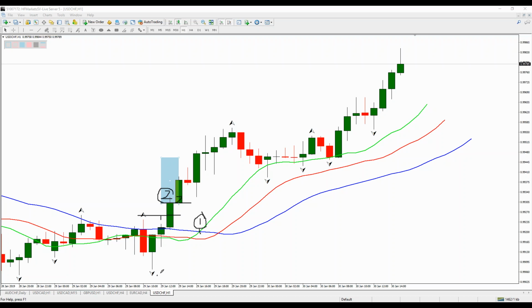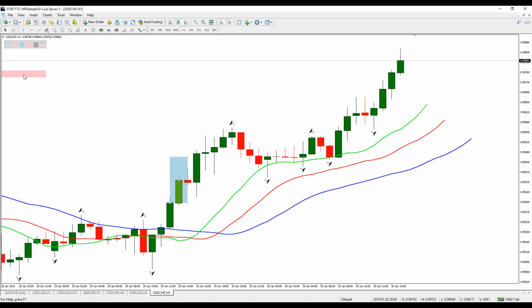Rule number 3, stop loss is below here, below the previous fractal. Manage your risk properly. This trade usually, I'm looking for a minimum 1 to 2 risk reward ratio or more. So when I enter, this is my risk.